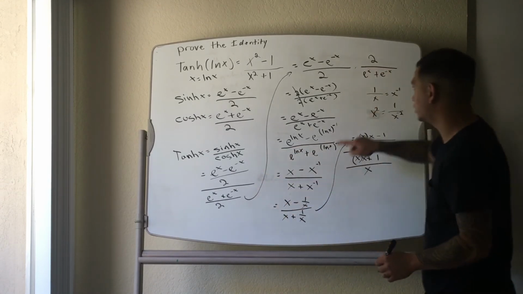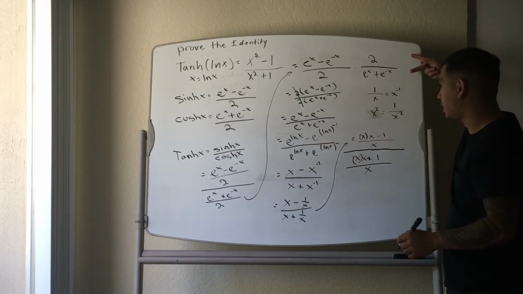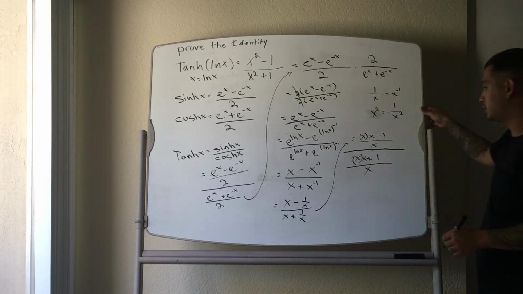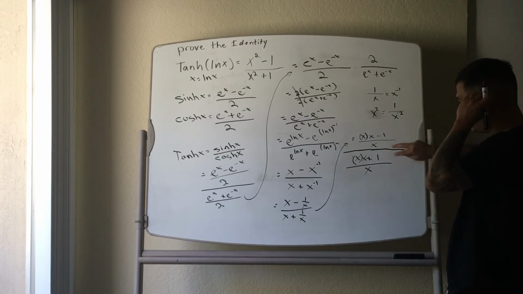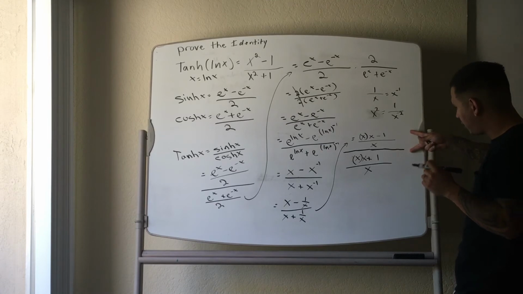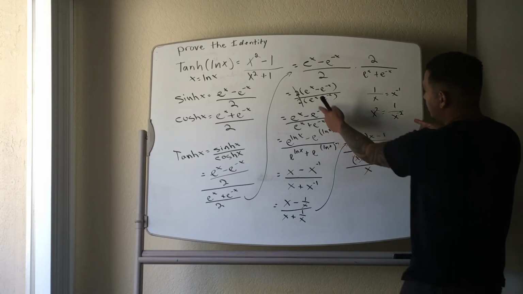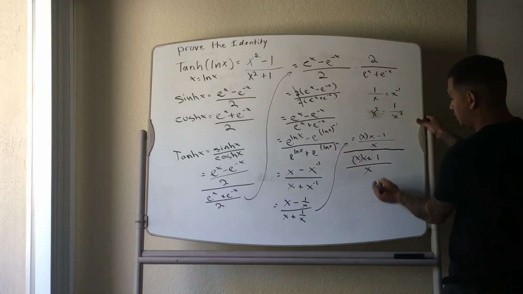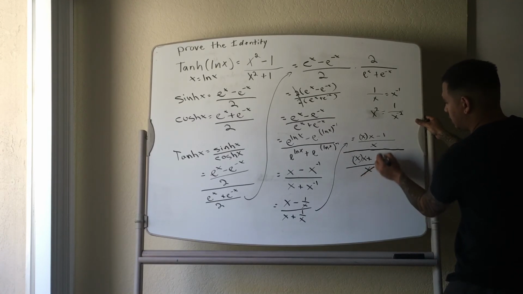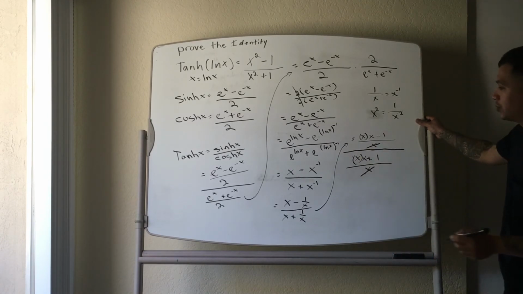Fraction over a fraction: you flip the bottom fraction and then you multiply. So what happens when we flip this fraction? Well, the same thing that happens here. The x's cancel out because those were in the denominator.